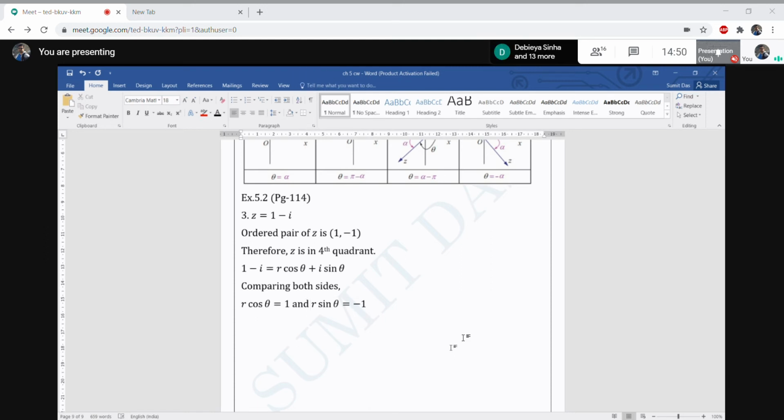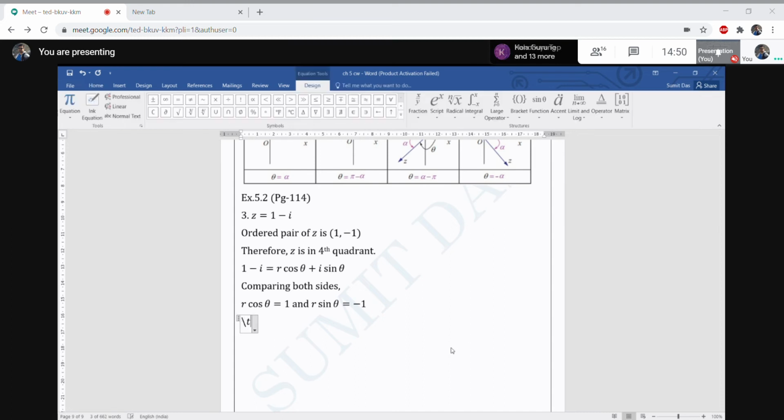So now what we have to do? We have to find the value of r. What is r equal to? I told you the formula, or you can do it like this.